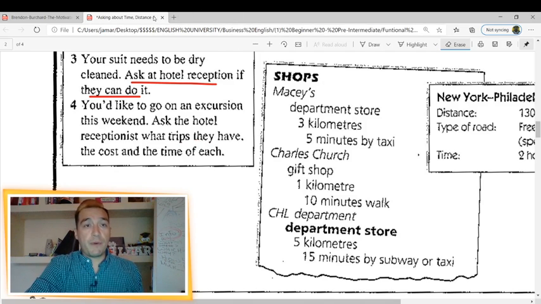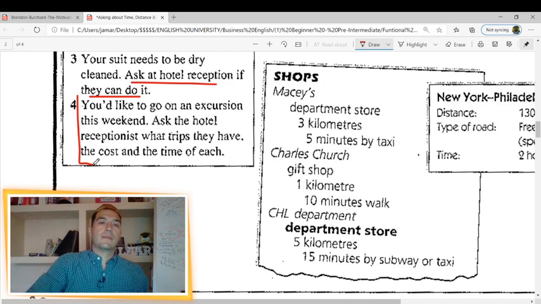Now let's go to number 4. Can you read the instructions for 4? You would like to go on an excursion this weekend. Ask the hotel receptionist what trips they have, the cost and the time of each.